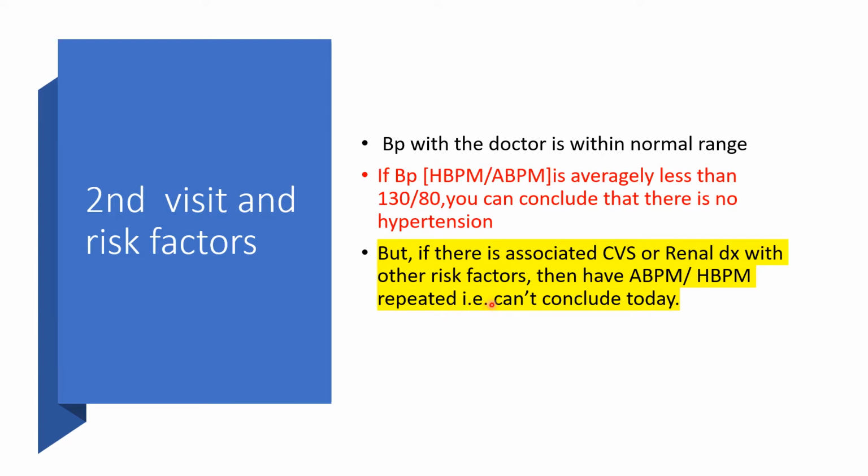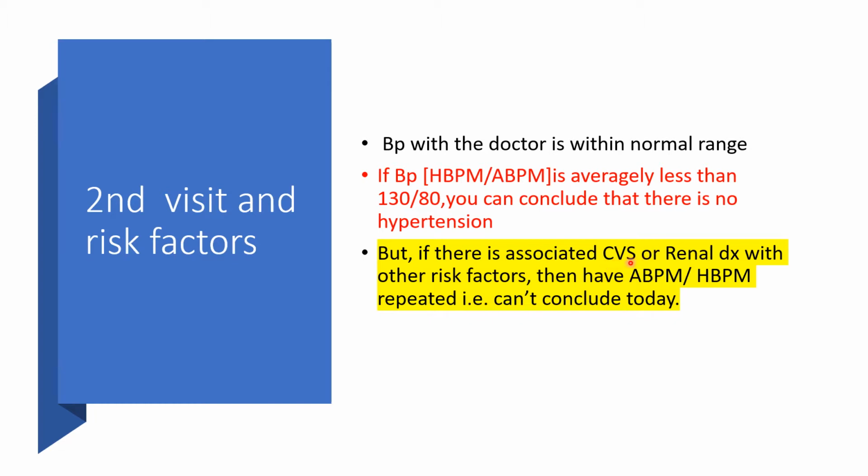Let me explain here. I'm not rushing. This is the second visit, right? The values of home BP and ambulatory are good, okay? The office BP, pretty nice. So you want to conclude no hypertension, right? But going through the history, there are risk factors.